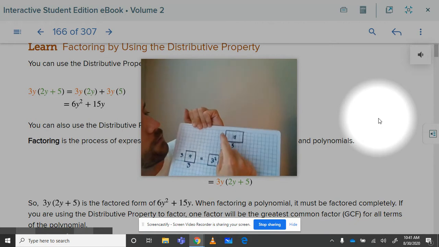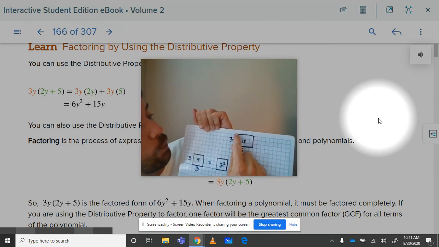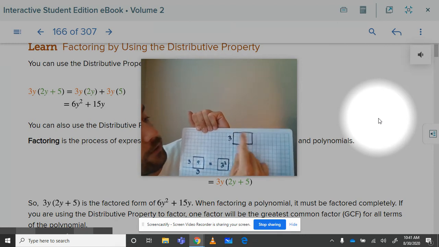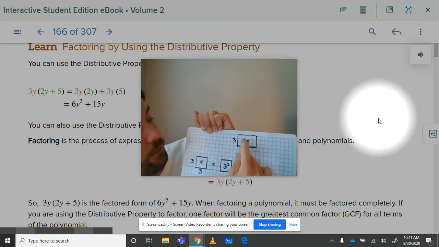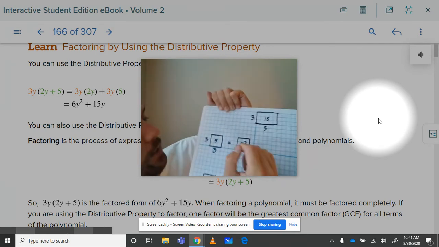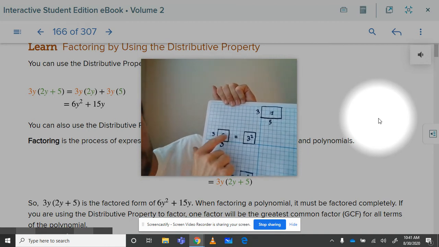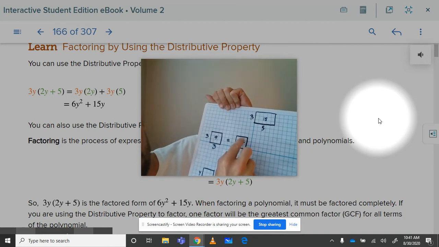So let's step aside from the original problem for a moment and just go over some ideas. If we have 3 times 5 in a rectangle, we have 1, 2, 3, 4, 5 boxes across. 3 times 5, 10, 15. So we have an area of 15 when we multiply 3 by 5. Now, 3 times 3 is 9. A different way of writing that is just 3 squared.